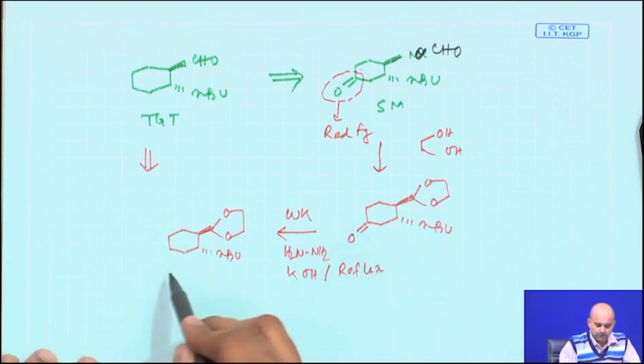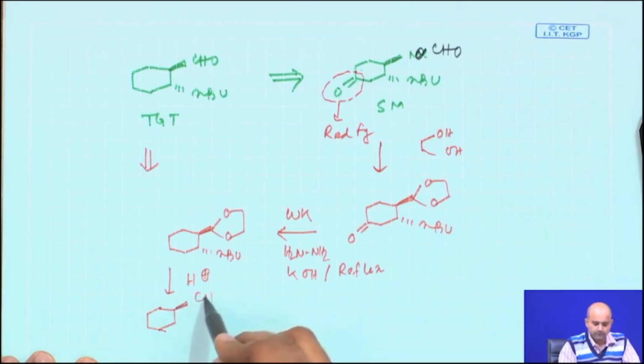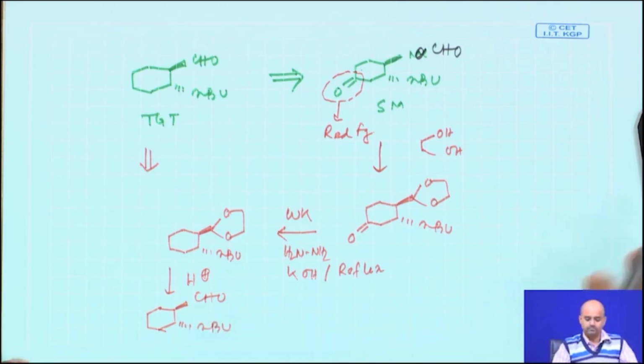So, now the only thing is you basically require the removal of this protecting group, which can be simply done by this acidic workup and you come to your target molecule.